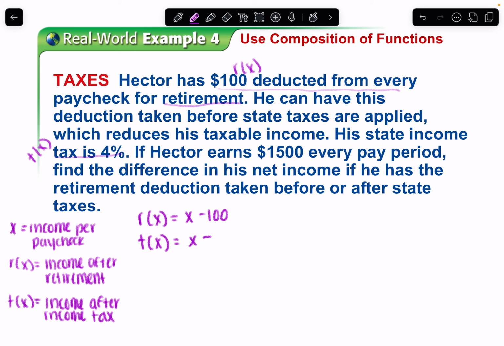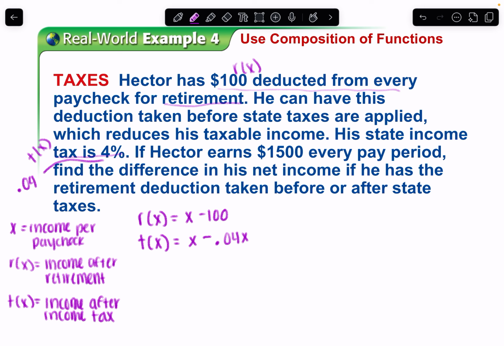I cannot multiply by a percent, so I would write 4% as a decimal, 0.04. I'm subtracting, but I'm taking 4% of my actual check, so I would have 0.04 times X. I'm multiplying the 4% by the amount I'm getting paid, and then taking that away from my total amount.